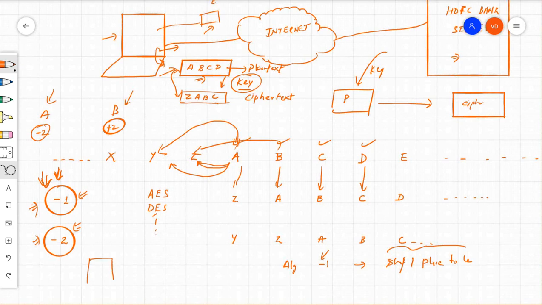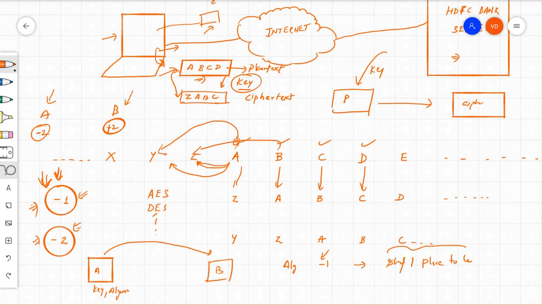Suppose we have 2 guys here who want to communicate with each other, right? And they want their message to be secure. So what they need is a key value and an algorithm, right?